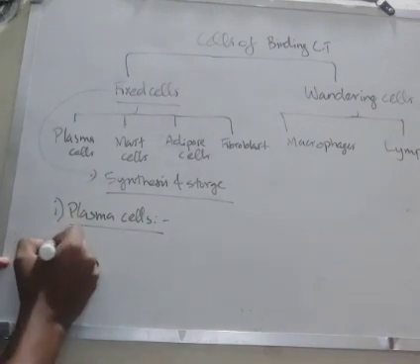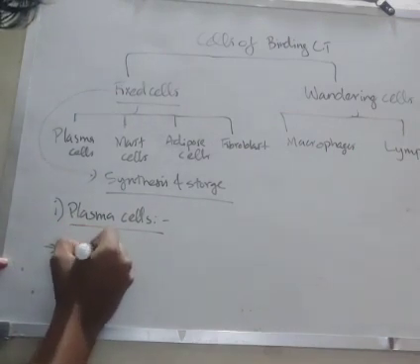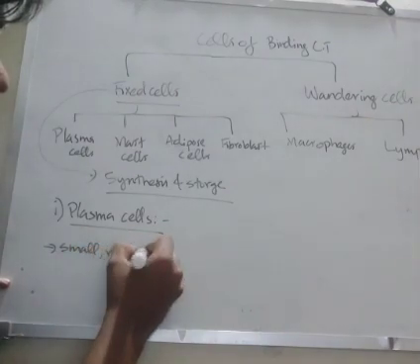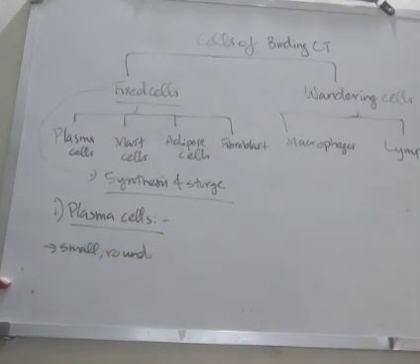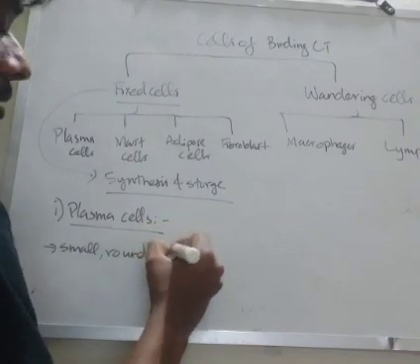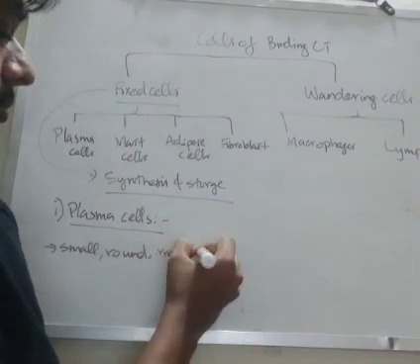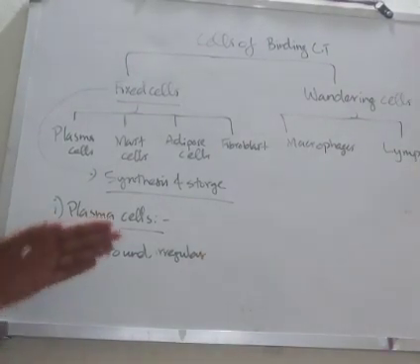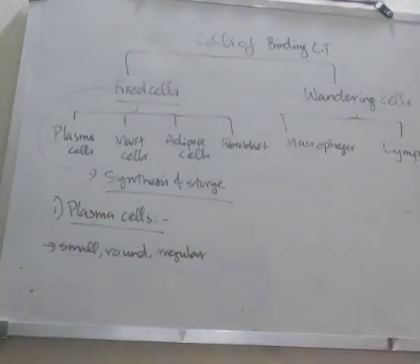Plasma cells are small, round, irregular, fixed cells. Okay. And where can we see these plasma cells?